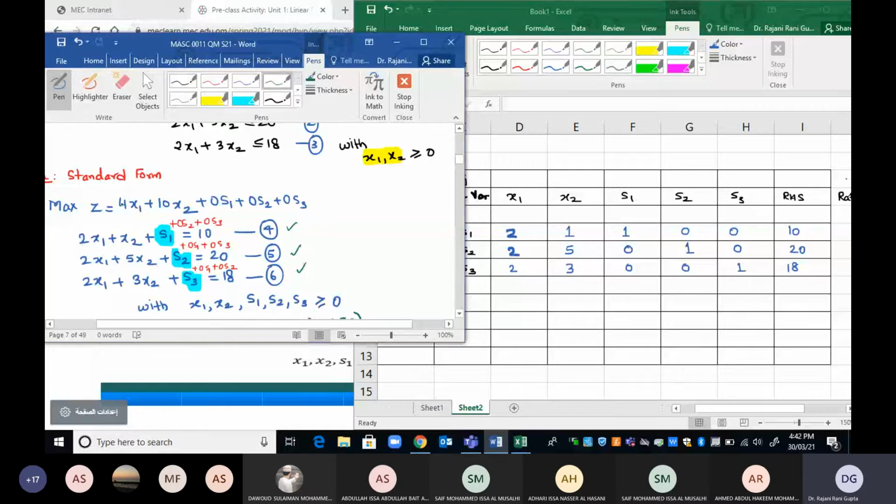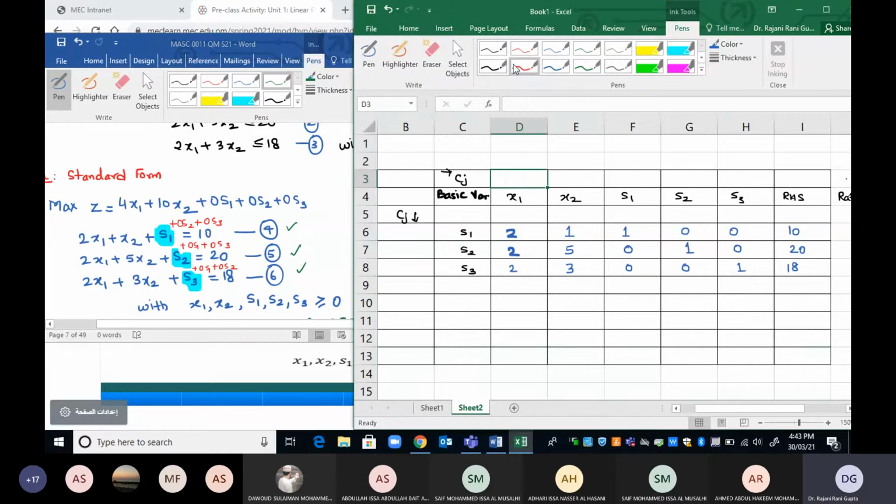For x1, the coefficient is 4. Here it is 10. S1, S2, S3 are 0. Now this also represents Cj. So whatever numbers are here, the same numbers will come here: 0, 0 and 0.